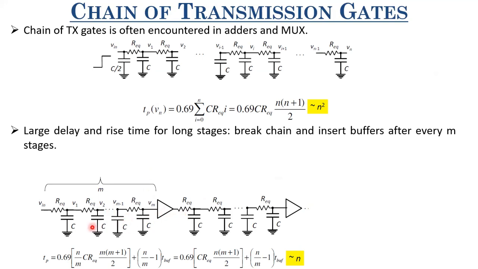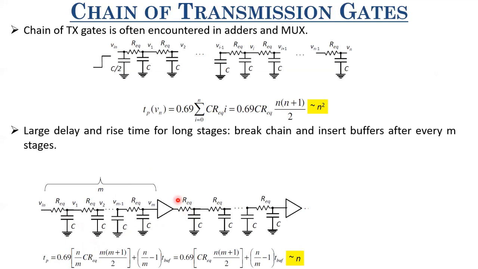So in that case, what happens to our delay? The delay is simply 0.69 times n by m, that is the total number of these entities. And what is the delay of one such entity? The delay of one such entity is C R equivalent m into m plus 1 by 2, because m is the number of stages in one such entity. This is for n by m such entities.